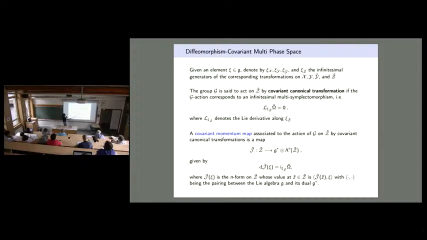Notice that you have n-forms and not n plus 1 forms, because the Hamiltonian nature of the action, which is codimension 1, always defines somehow a flux, a one-parameter subgroup flux in your space. So it's kind of foliating naturally.